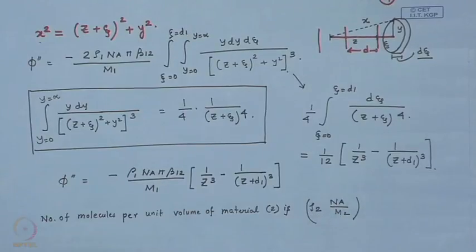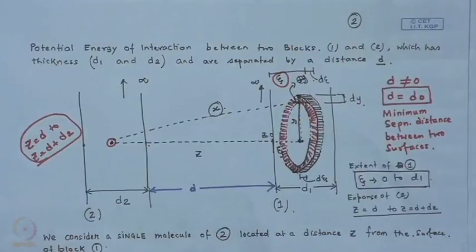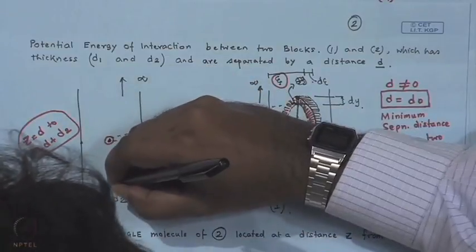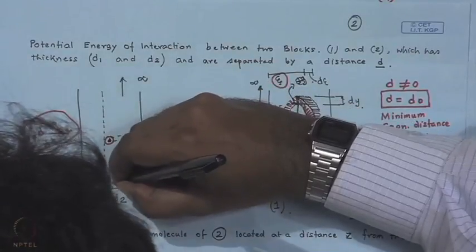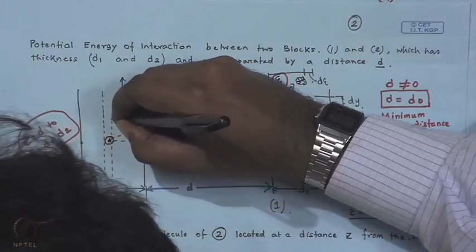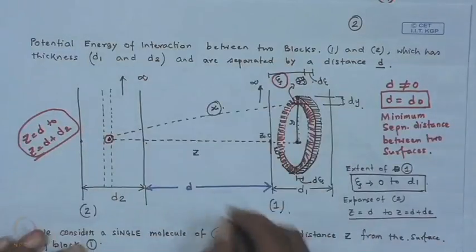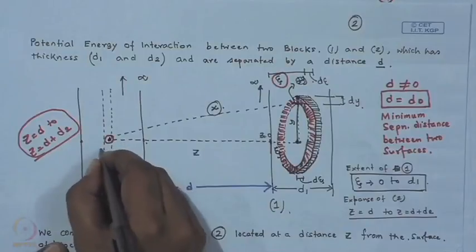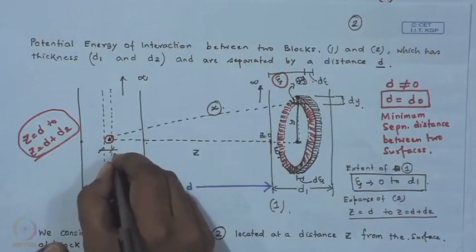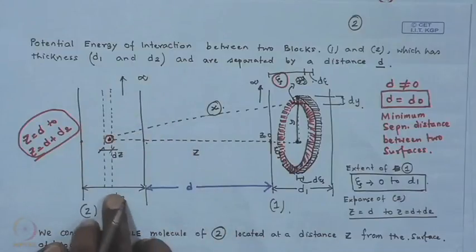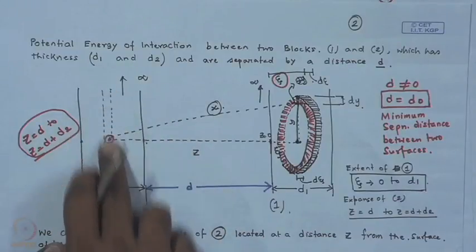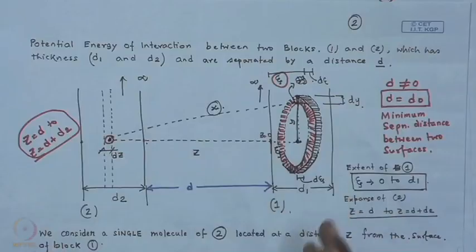Now, we consider a thin strip of material 2 of width delta z, which contains the molecule we have been talking about.